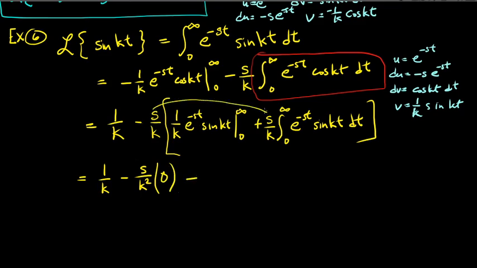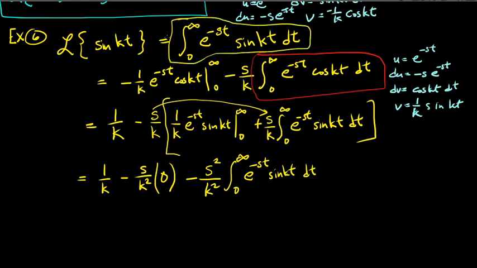Minus, and now distributing this, we have s squared over k squared times this integral. So now it seems like we're running in circles because that was the original integral that we wanted to do here, right?